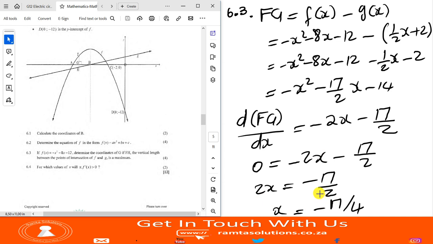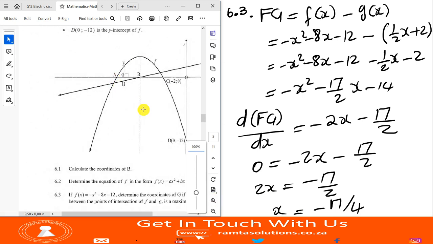So this point, when you look at it here, will have coordinates negative 17 over 4 and 0, because it is on the x-axis. Can you see it? It is on the x-axis.